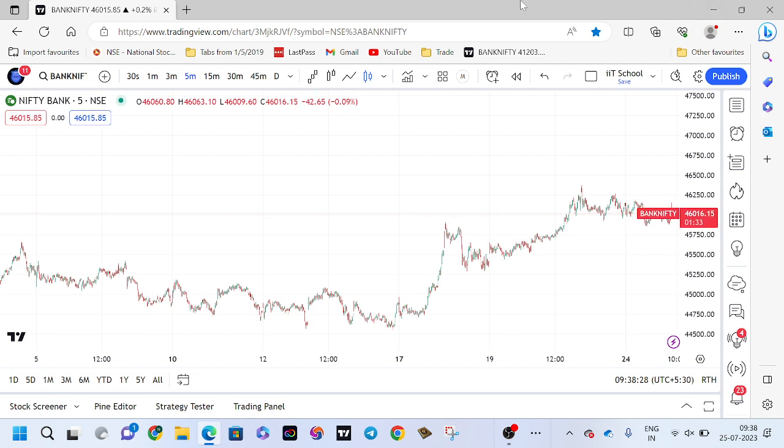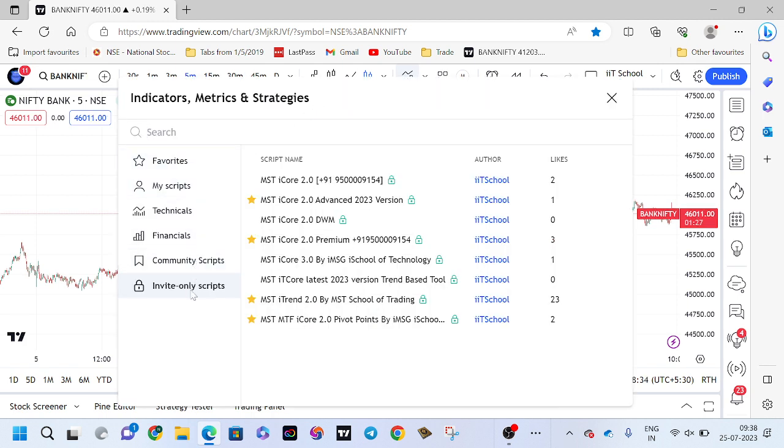Go on to www.trading.com and click indicators, then scroll down. At the left bottom you will be able to see invite-only scripts. Here we have many indicators for personal purpose and for business. Now we are giving this MST iCore 2.0 advanced version 2023 on a subscription basis.